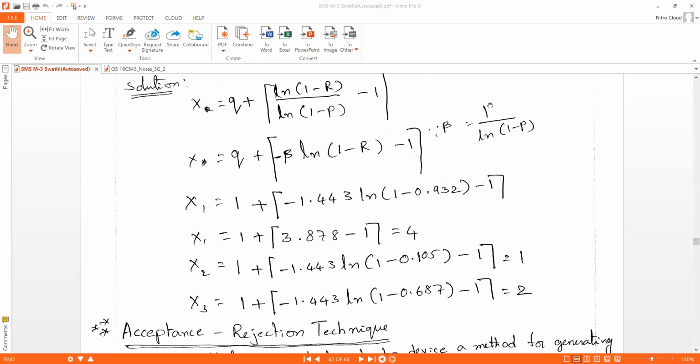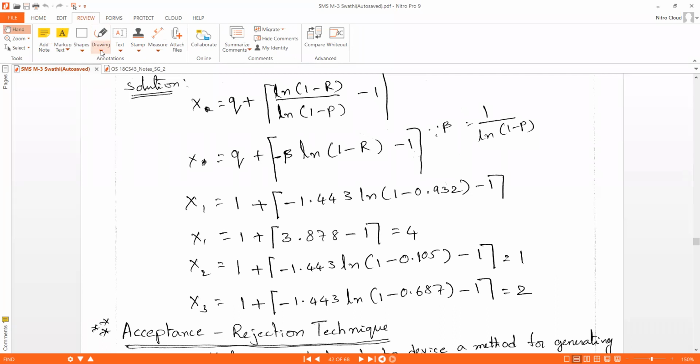It is beta equal to minus 1 by ln of 1 minus p. So that's the reason that in place of 1 by ln of 1 minus p, we are substituting minus beta. We know that beta equal to minus 1 by ln of 1 minus p.